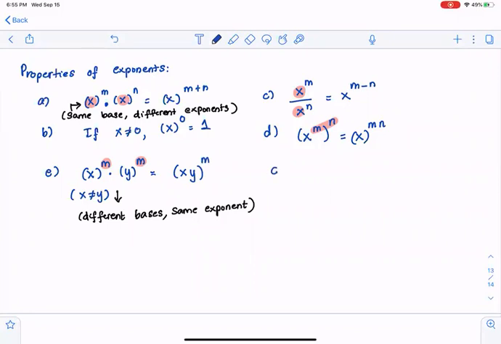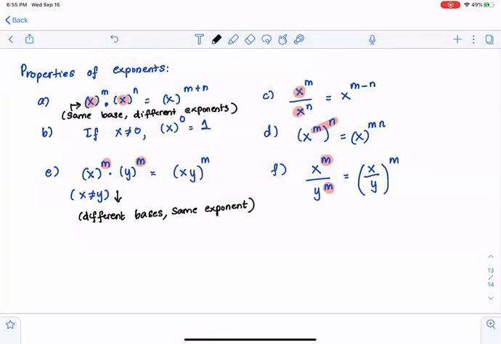The same applies to x raised to m divided by y raised to m. The powers are identical, the bases are different, so I'll have x over y, raised to m.